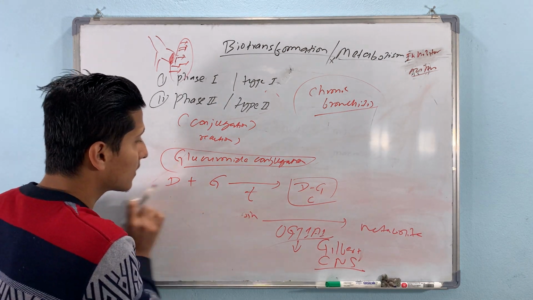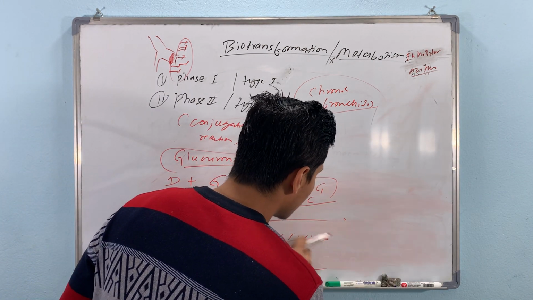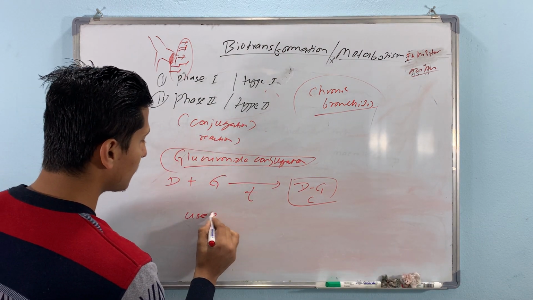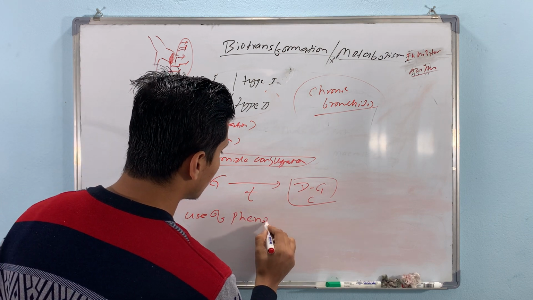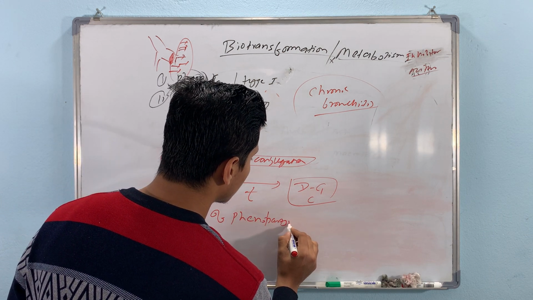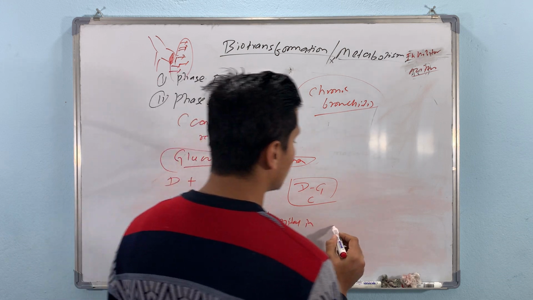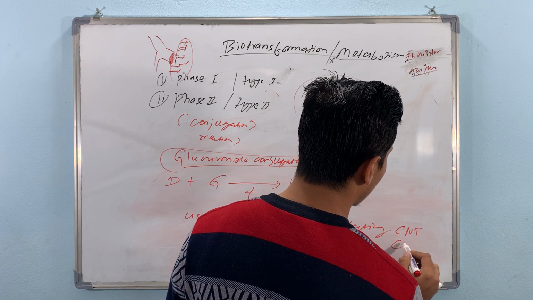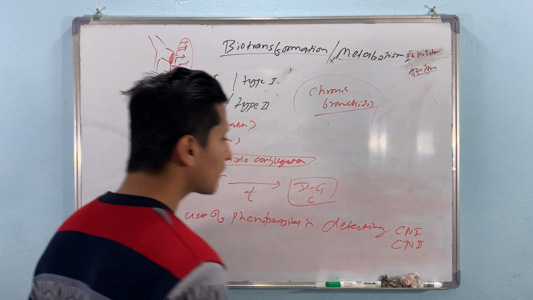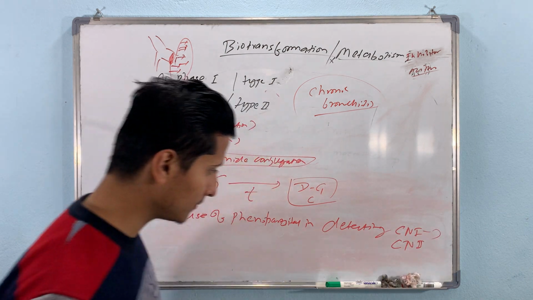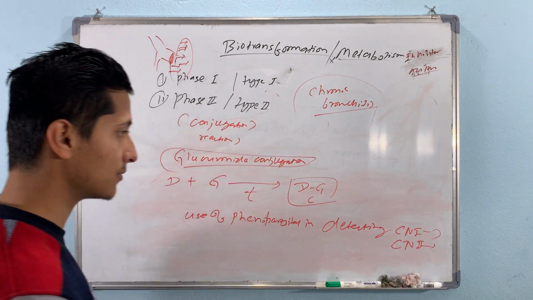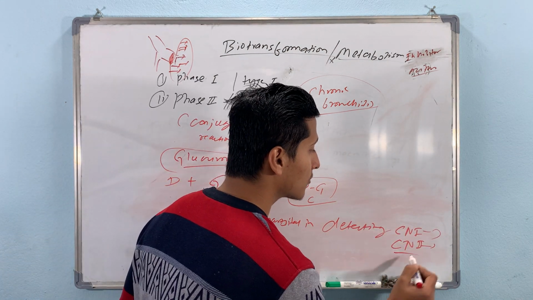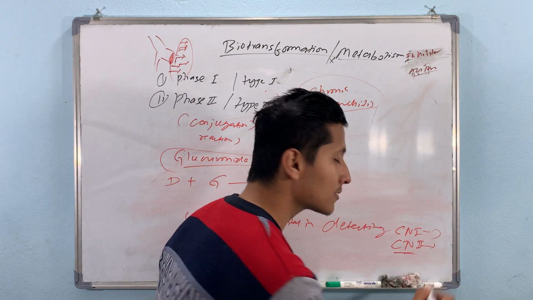Now, the next clinical vignette that might be given in the exam is the use of phenobarbital in diagnosing type 1 and type 2 Crigler-Najjar. In type 1 Crigler-Najjar syndrome, there is total deficiency of the glucuronosyltransferase enzyme, and in type 2 there's only partial deficiency.